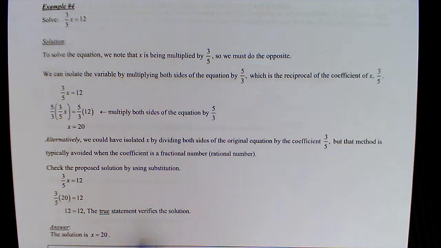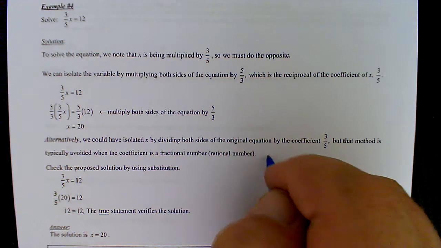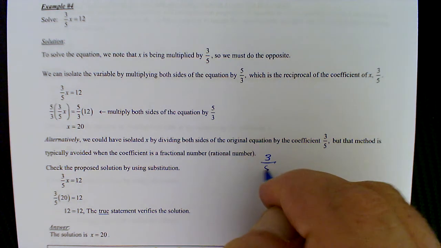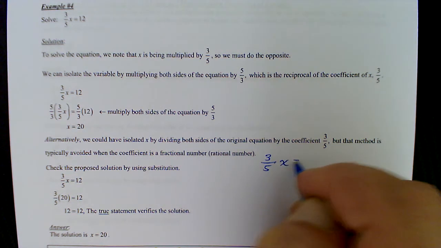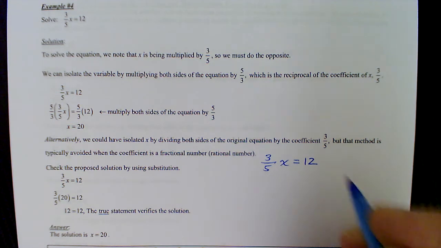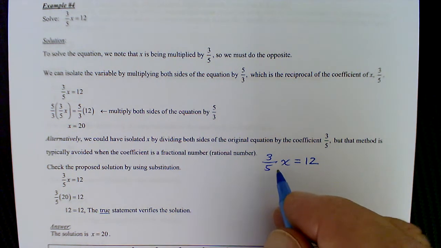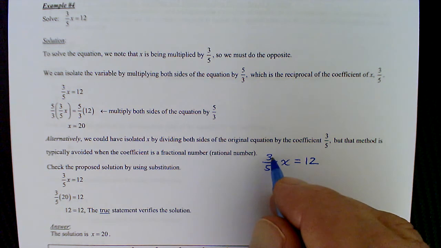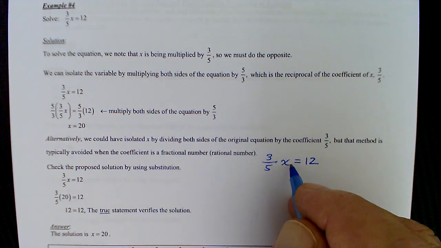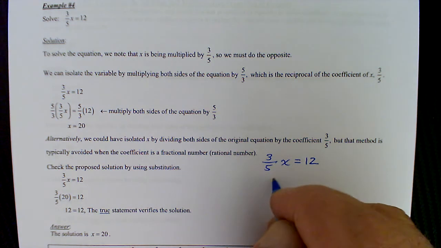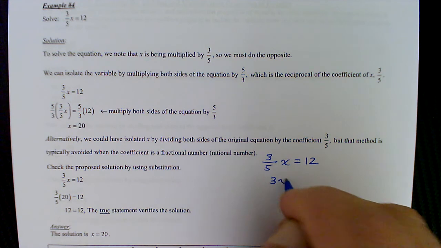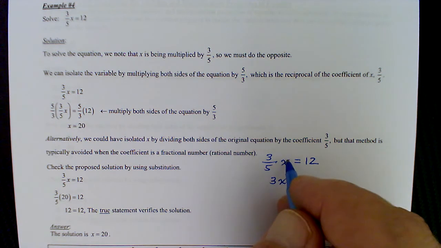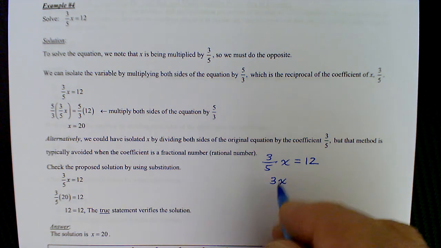One way that we haven't shown that I'm going to show here is what I call the proportion method. If you have an equation such as 3/5 x equals 12, where the coefficient is a fraction, what you could do, instead of writing it as 3/5 x, you could write it as a single fraction by letting the variable x be absorbed into the numerator.